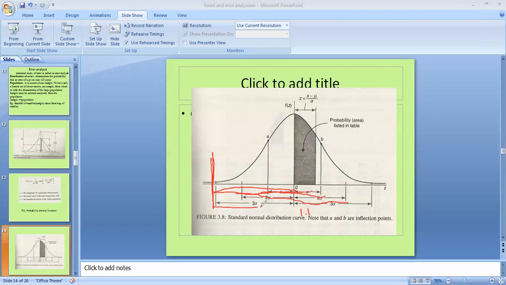In my case, it will be this much, that is a 0.5 area. The total area will be 0.5 area plus this area. That will be the value related to Z. We know the Z value is X minus mu divided by sigma, where X is the value, mu is the mean, and sigma is the standard deviation.